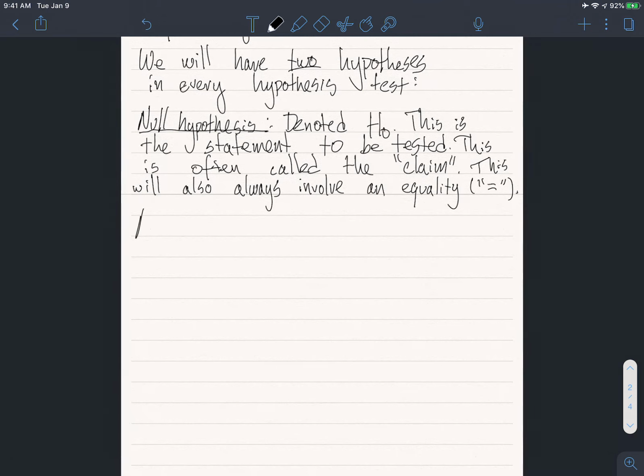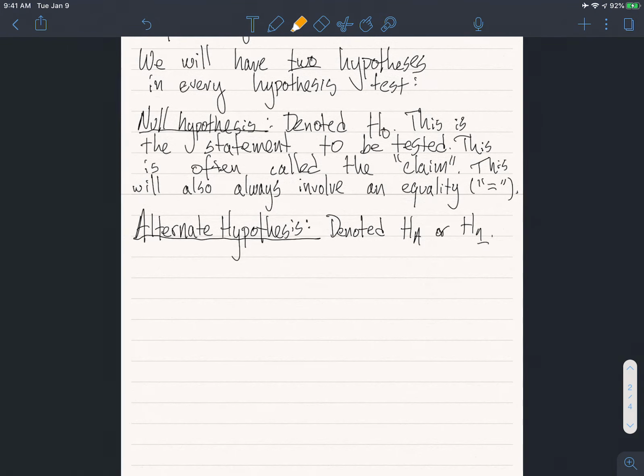And the other hypothesis that we will involve is the alternate hypothesis. This is denoted with an HA or H1.